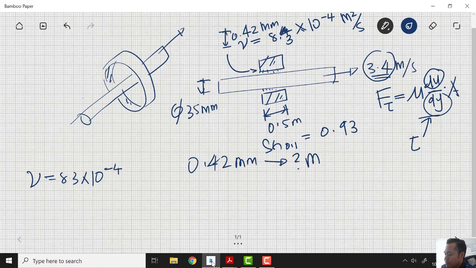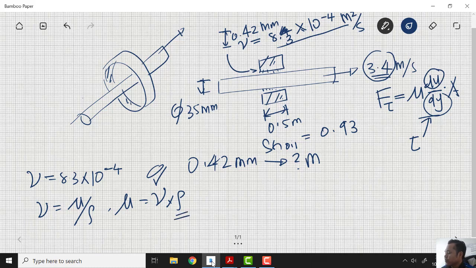So nu is equal to mu over rho, which means mu is equal to nu times rho. Nu is already known, given to us as 8.3, but rho is unknown. So you need to find the rho. How do we find the rho? From Sg.